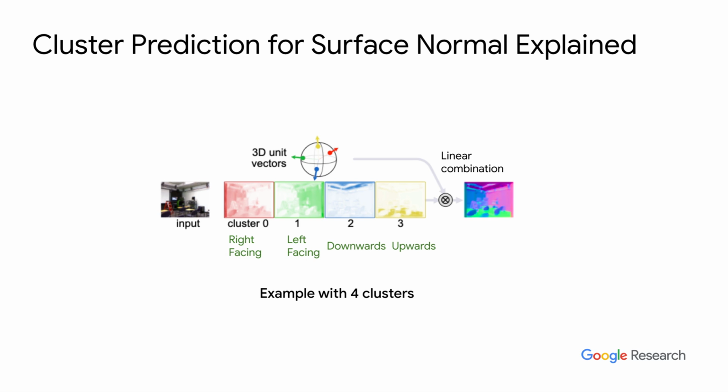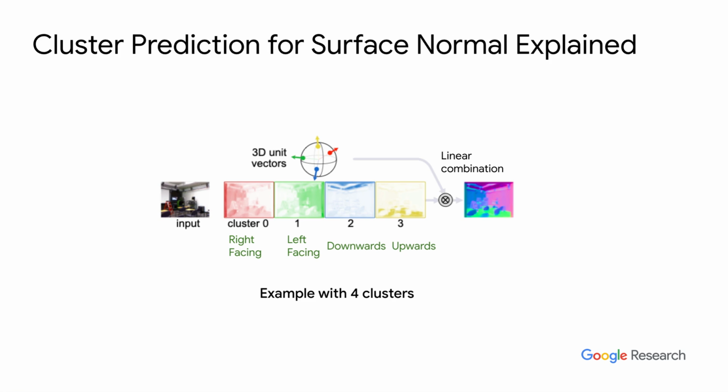From this geometric meaning, we can partition the surface of the unit ball into different regions, in other words, different clusters. Here we illustrate an example of 4 clusters to explain how we can fit the cluster prediction paradigm. We jointly learn the 3D unit vectors of the 4 cluster centers with the corresponding probability maps.